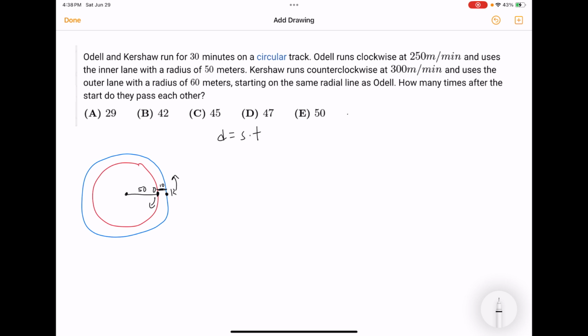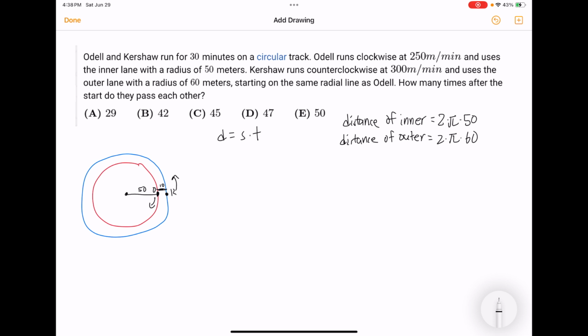The distance of the inner lane would be equal to 2 times pi times the radius, which is 50. And the distance of the outer lane would be 2 times pi times 60.